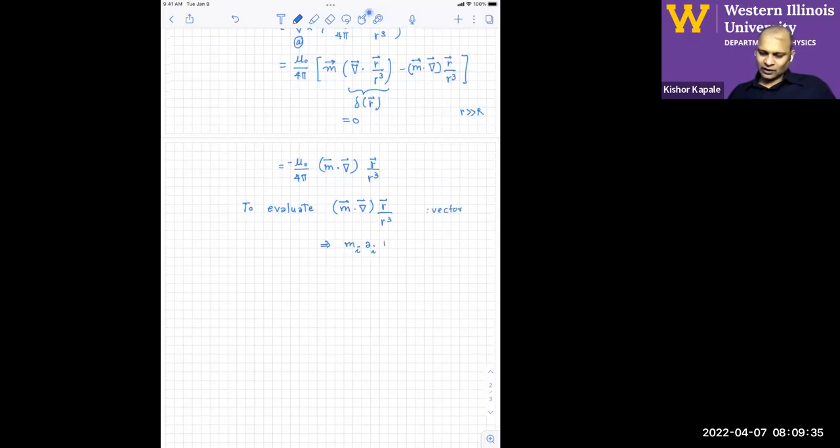So let's say you want to only look at the kth component. Over r cubed is a constant, so you can think of this as r_l to the power 3/2. And then let me move this so that you can see that the derivative actually applies to this whole thing. This is r.